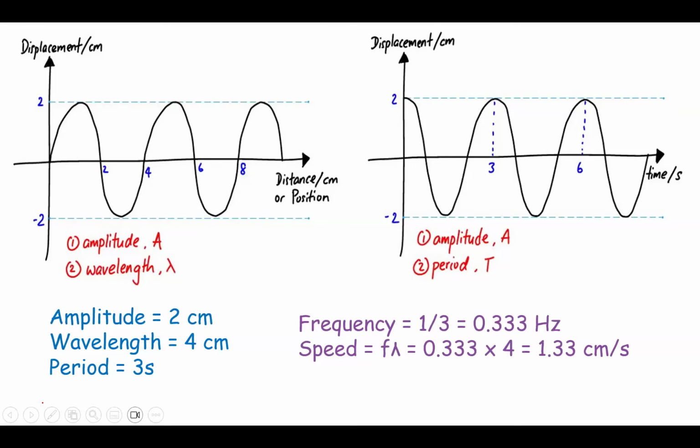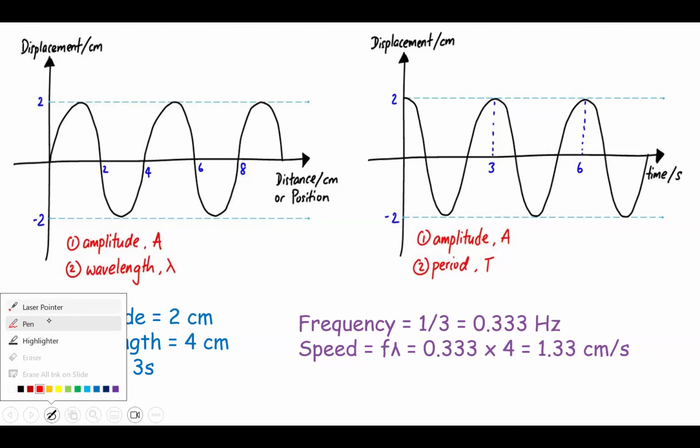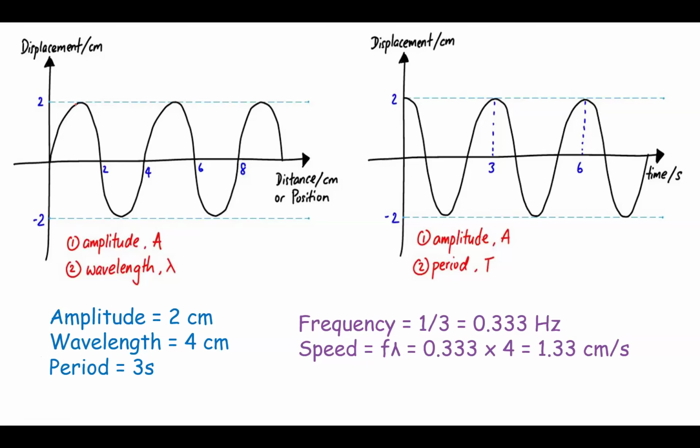Amplitude is the maximum displacement from the rest position. It can be the height of a crest or the depth of a trough, so it will be 2 and 2 over here.